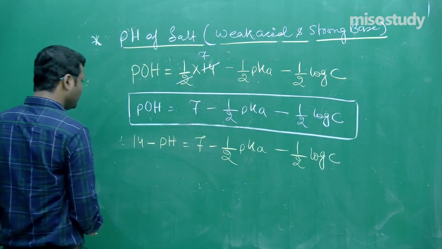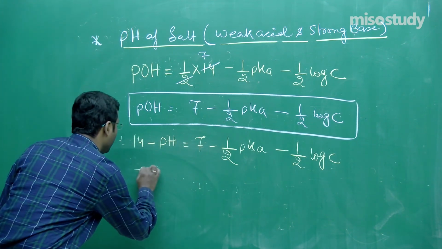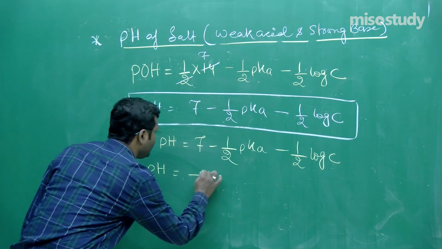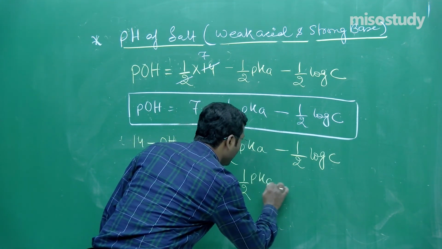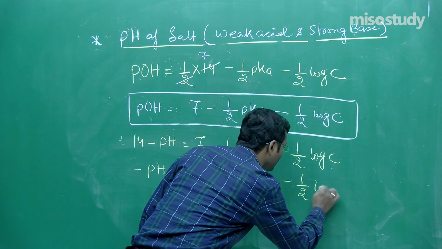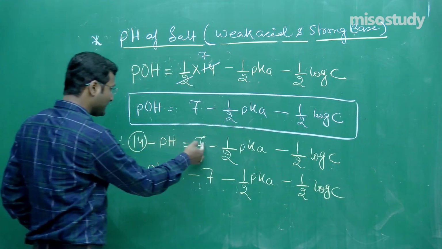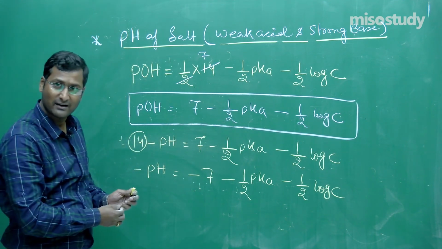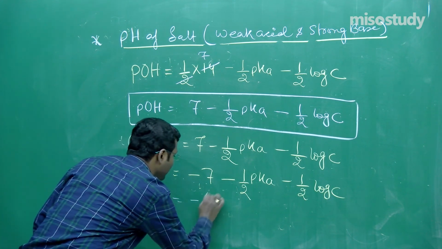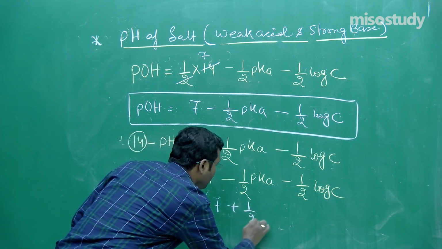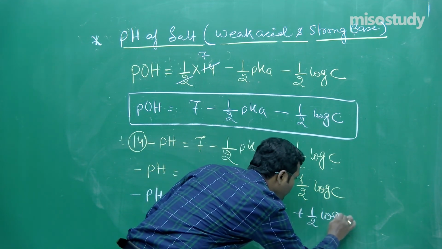Now move here. You can write like this. Minus pH is equal to minus 7 minus 1 by 2 pKa and minus 1 by 2 log C. Okay, I have moved this 14 here. 7 minus 14 is equal to minus 7. Now take minus sign common like this: 7 plus 1 by 2 pKa plus 1 by 2 log C. Is it visible to you, friend?